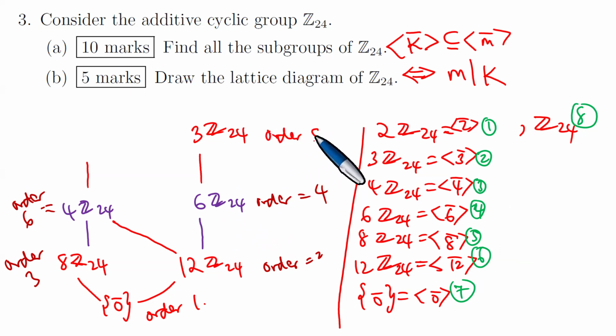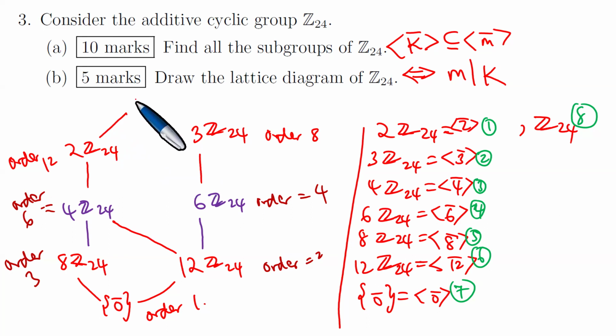Why is it order 8? Because 24 divided by 3 is 8. So 4 indeed divides 8, but 4 does not divide the others. Now we have here 6. 6 divides 12, because this one is order 12.